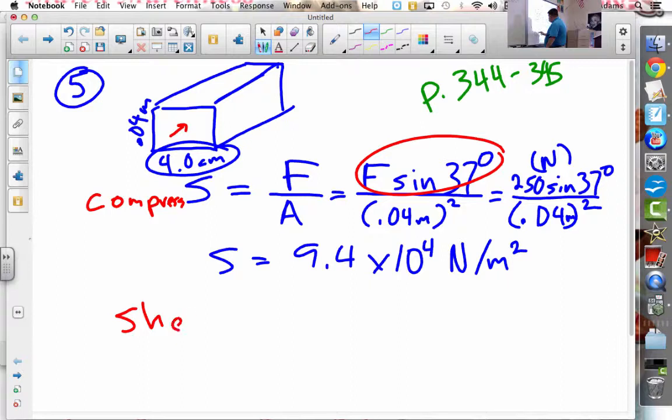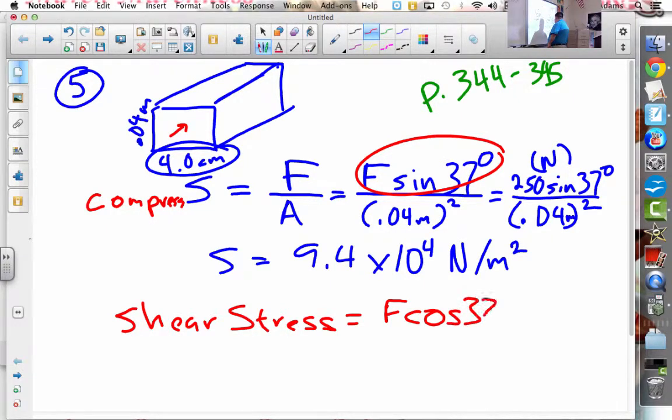Shear stress would be almost the exact same thing, except it would be F times cosine of 37 all over the area, right? And so you still have the force over the area because it's a stress, but the way that we calculate it would be different.